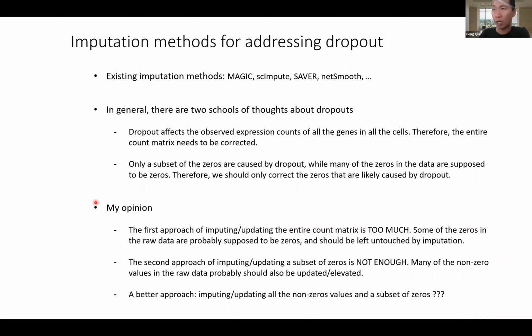In my opinion, the first approach of imputing the entire count matrix is too much. I do believe that some of the zeros we see in the gene cell count matrix are supposed to be zeros, and we should not touch them. My personal biased opinion is that a fairly large percentage of the zeros we see in the data are probably supposed to be zeros.